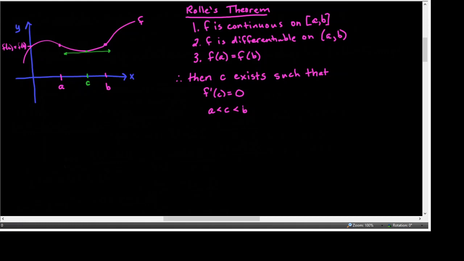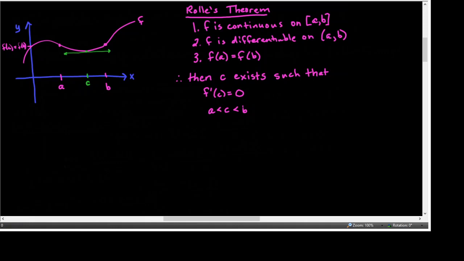And in that case, if it's differentiable, it's not going to be a place where it's an undefined derivative. Since it's differentiable, the guarantee is that it'll be 0 somewhere between a and b.